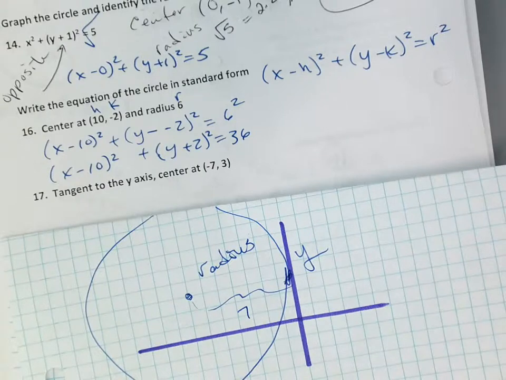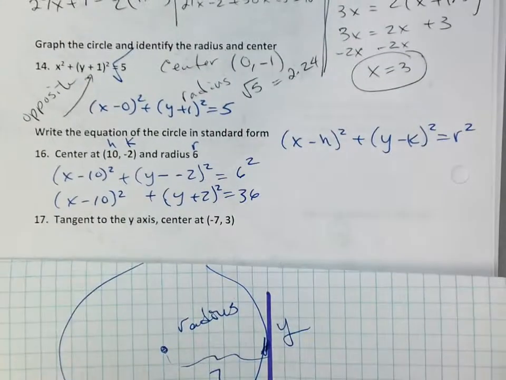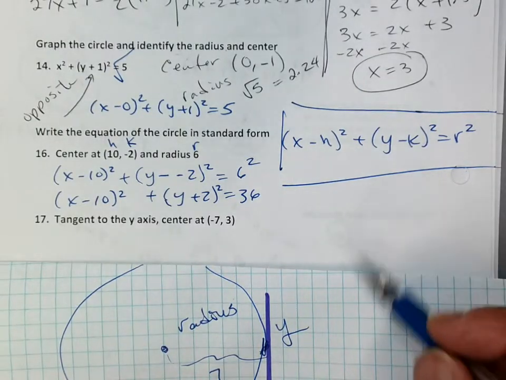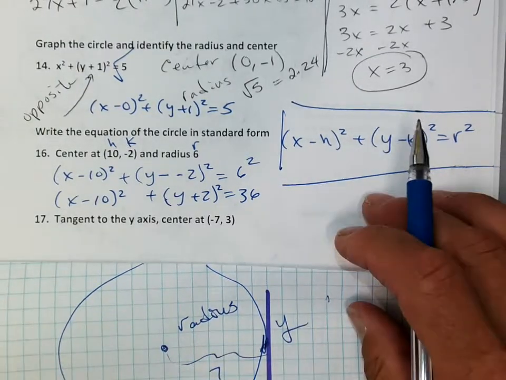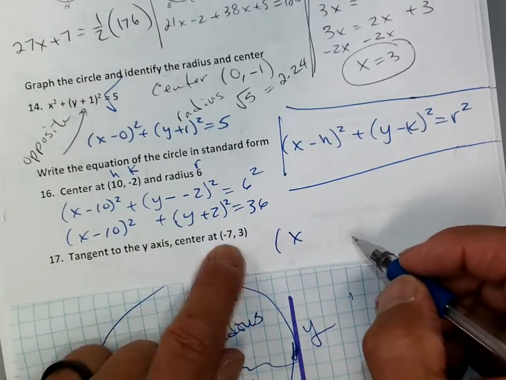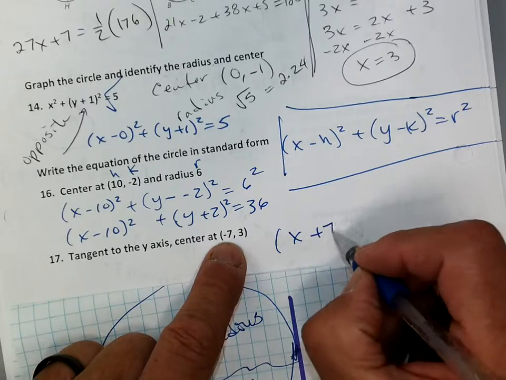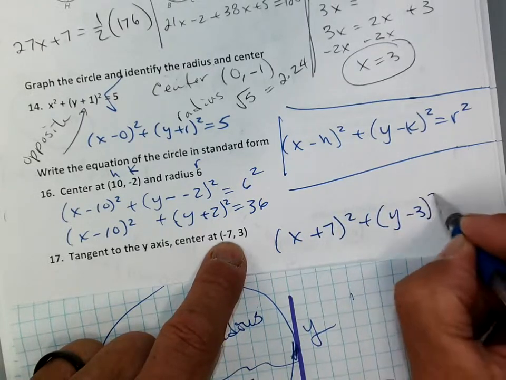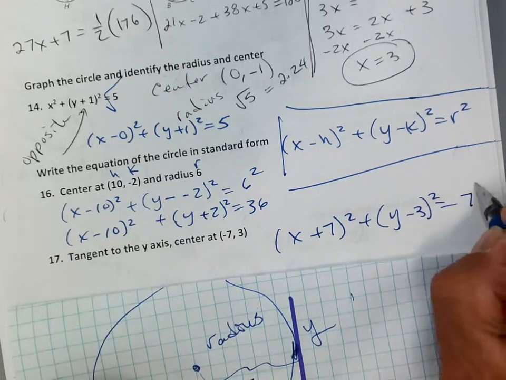So if I need the equation, let's go back to this formula, right? Let's go back to that formula right there. So I'm going to rewrite this as x minus a minus 7, or plus 7 squared, plus y minus 3 squared equals my 7 squared.